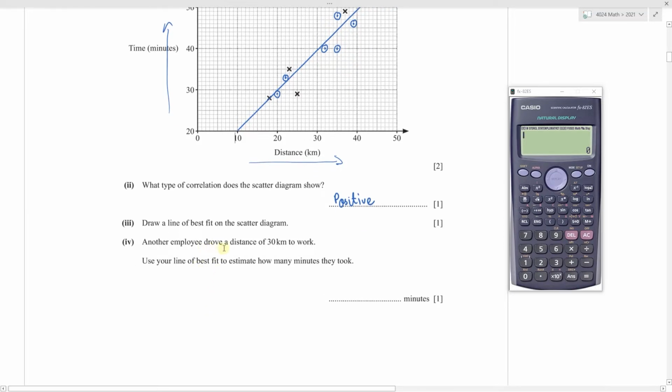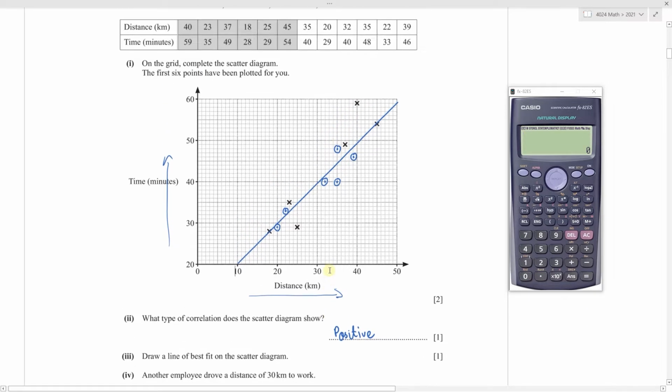Another employee drove a distance of 30 kilometers to work. Use your line of best fit to estimate how many minutes they took. So now you have to read the value of time when your distance is 30 kilometers. So 30 is this. I'll draw a straight line and it intersects my line of best fit here.